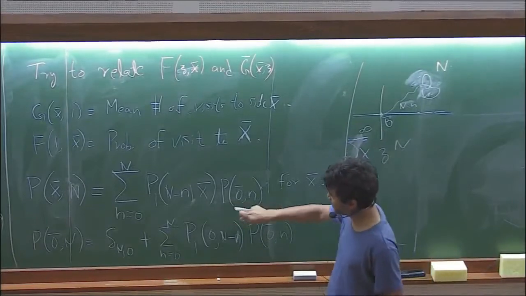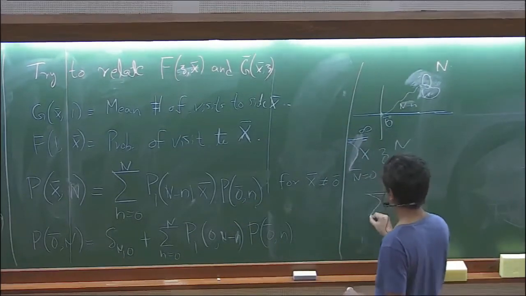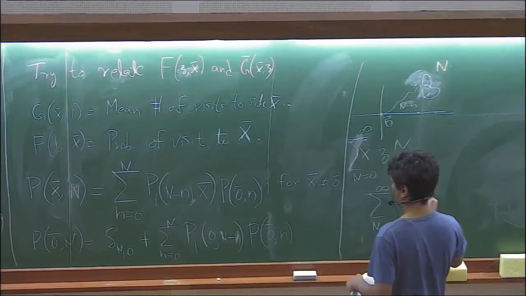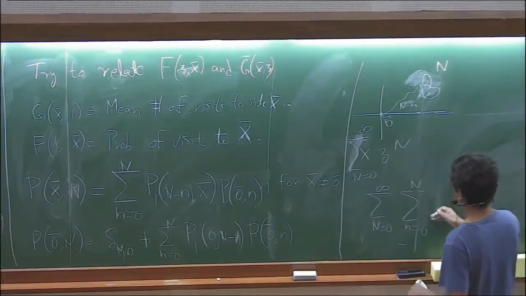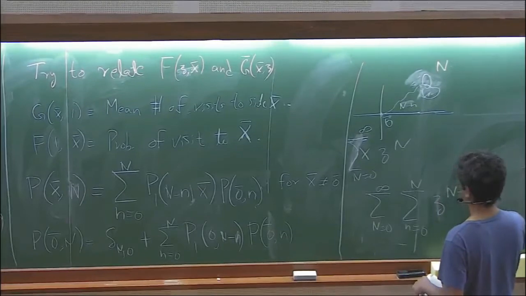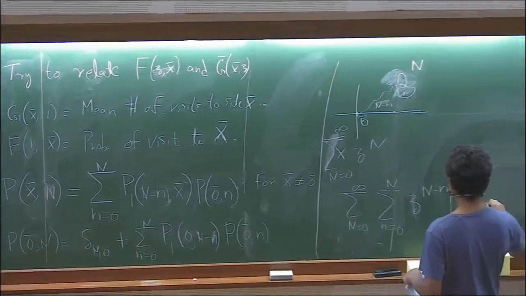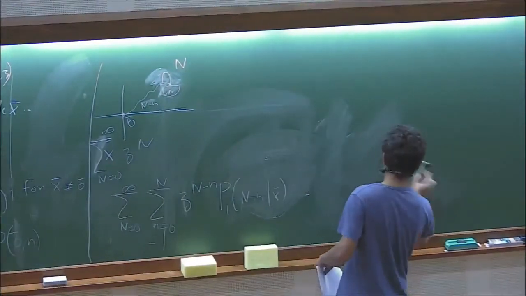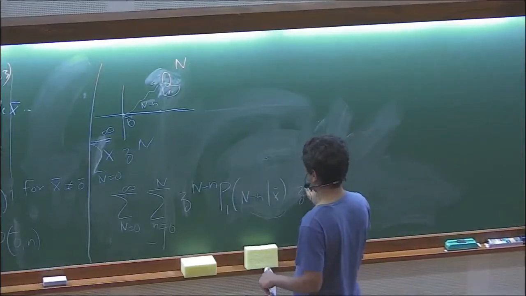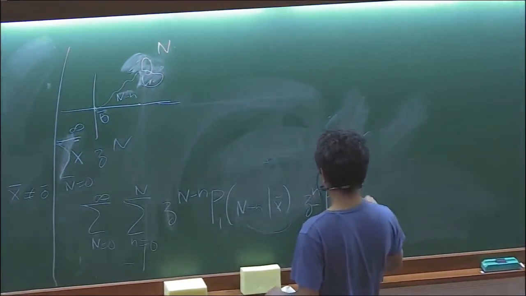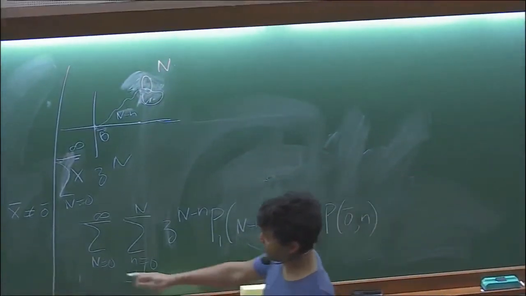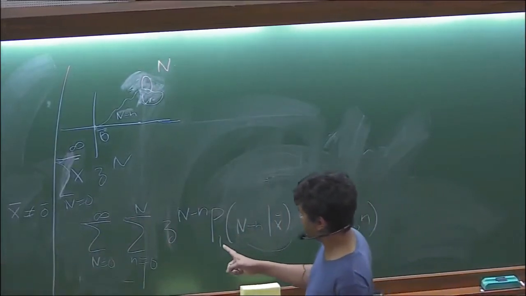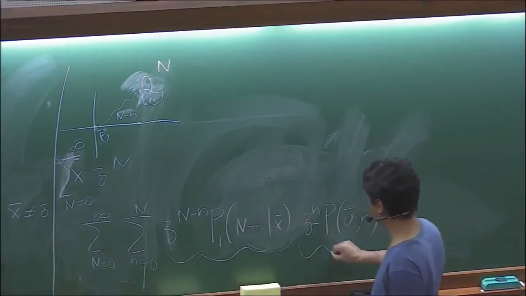When you have a summation over n from 0 to infinity of a summation over n from 0 to n, I can rewrite it as two summations.